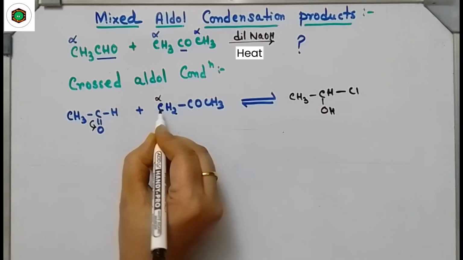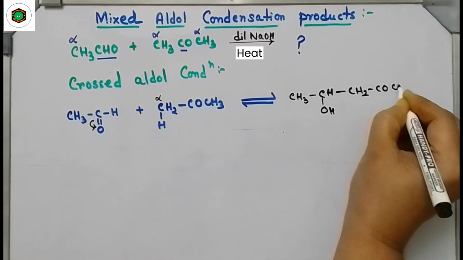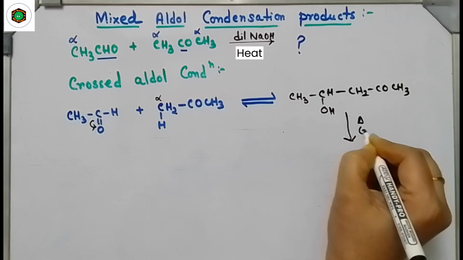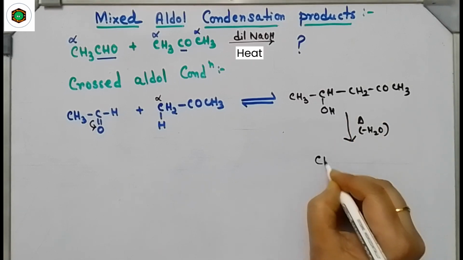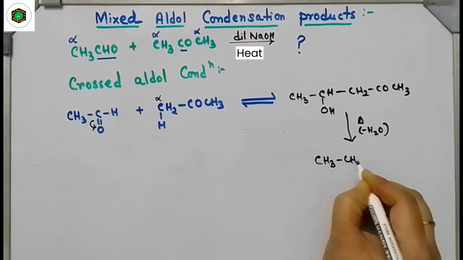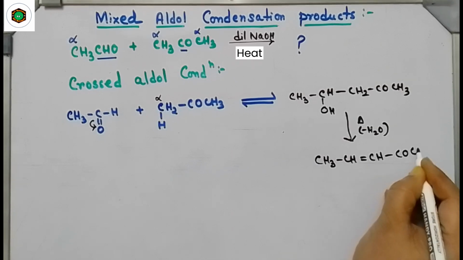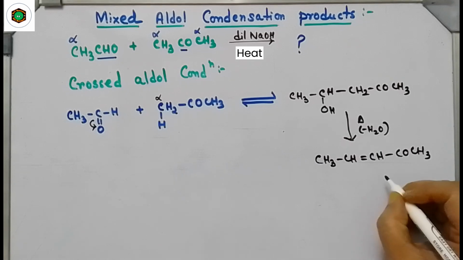Here this carbon and this carbon will make carbon-carbon bond, CH2, CO, CH3. Now if you heat this compound, dehydration takes place, OH from here and H from here will go and we will get CH3, CH double bond CH, COCH3, this alpha beta unsaturated carbonyl compound. So this is product number 3.